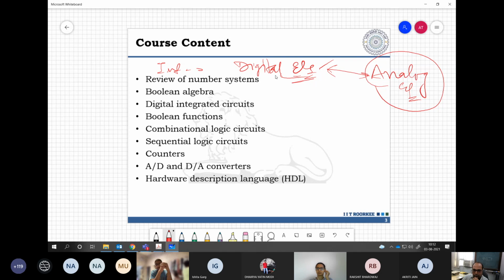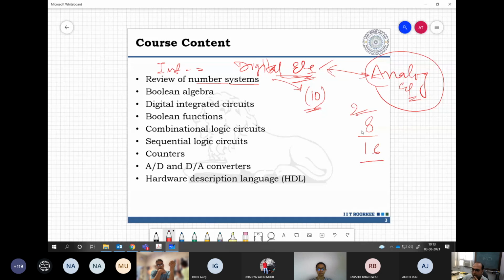Then, of course, when we are dealing with digital electronics, there are a few basic things we need to understand. For example, different number systems. We are very much familiar with the number system with base 10, which we use in our day-to-day routine. Then there are some more number systems which are not at this base. They have a different base, let's say 2 or 8 or 16.